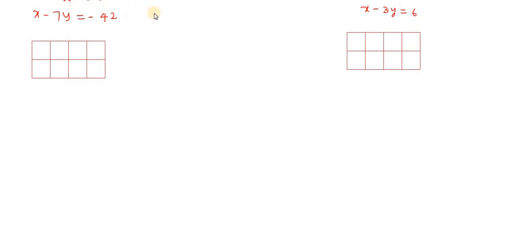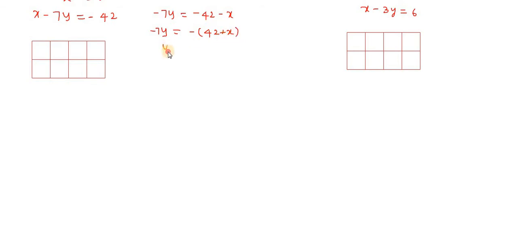x minus 7y is equal to minus 42 minus x. So therefore minus 7y is equal to, take out minus as common, so then we will get 42 plus x.